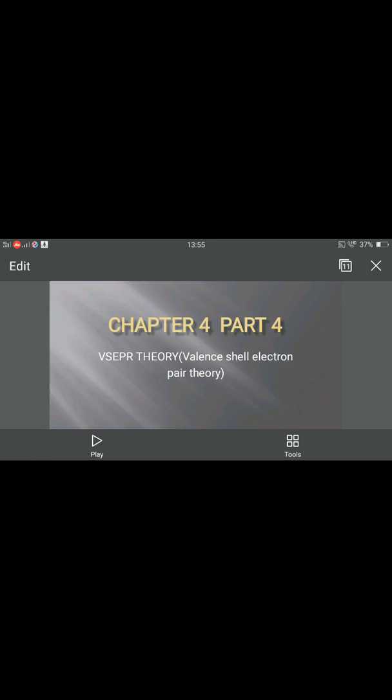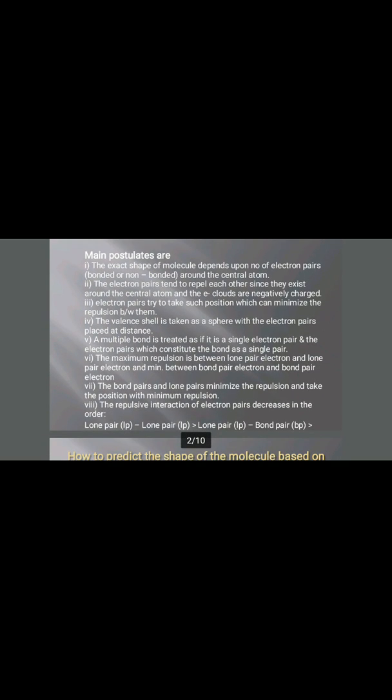So, taking it into account, the main idea of VSEPR theory is that the electron pairs surrounding the central atom repel one another and move so far apart from one another that there is no further repulsion between them. As a result, the molecule has minimum energy and maximum stability.